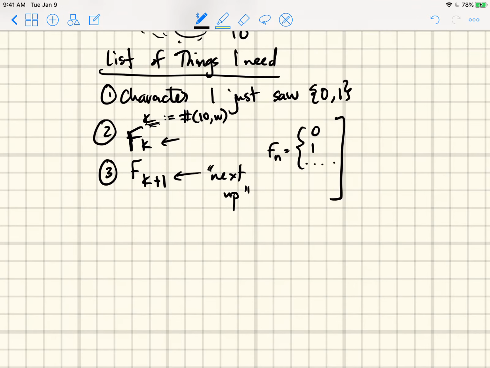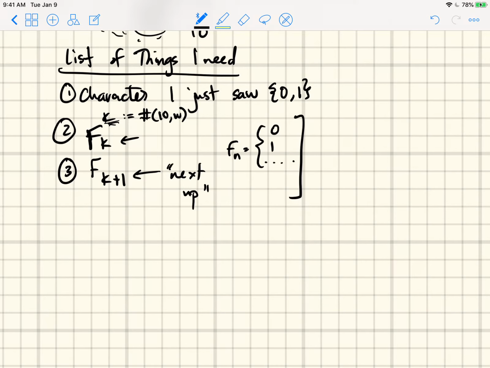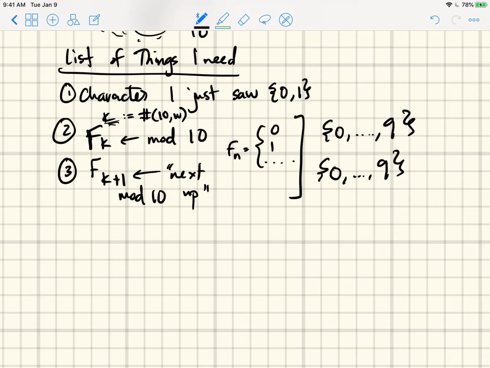So because we're asking for these mod 10, we know that the only values of f_k or f_{k+1} mod 10 are 0 all the way up to 9, right? And that's the same for this one, 0 all the way up to 9. Great. So that means each of our states encodes these 3 things, okay?